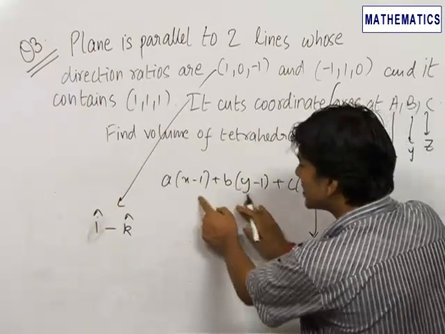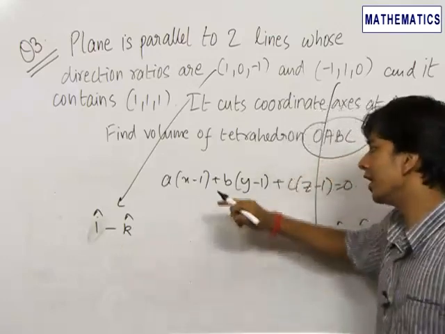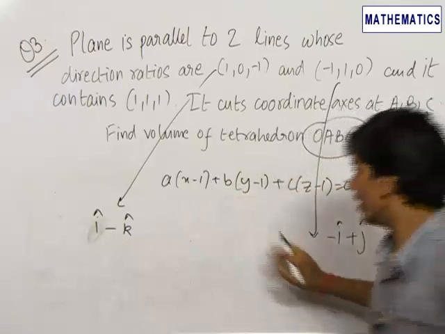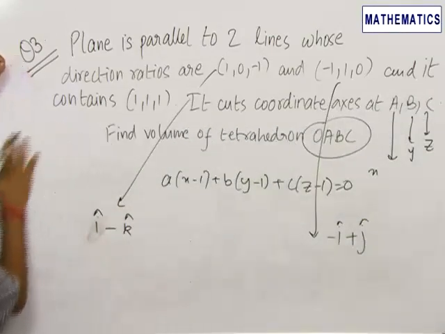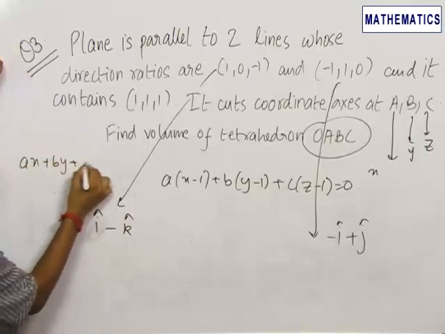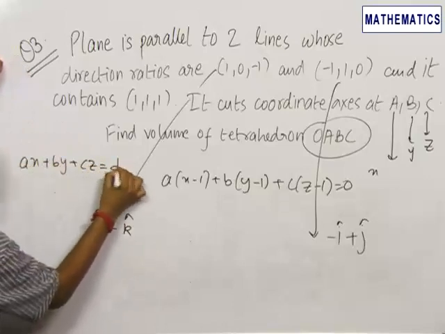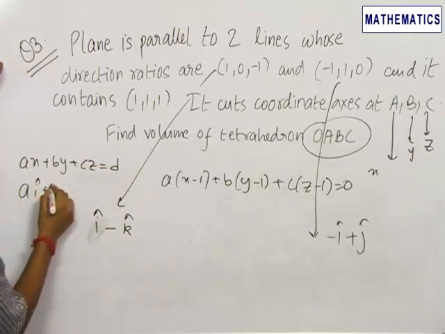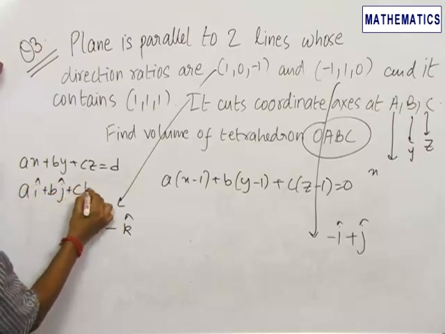Since this plane is parallel to both these lines, the normal to this plane will be perpendicular to both these lines. Now, you should know that for a plane Ax plus By plus Cz equal to D, the normal is given by A i cap plus B j cap plus C k cap.